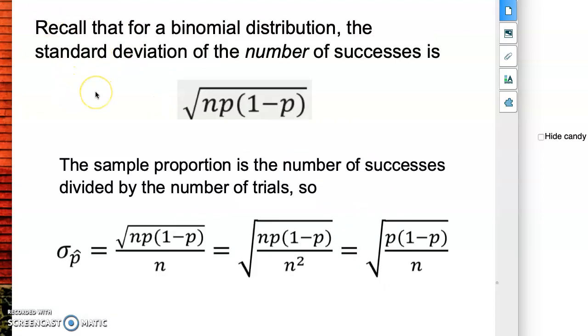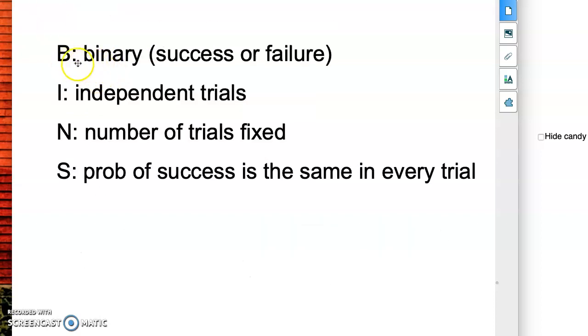Recall the binomial distribution, where we're interested in success or failure. We have independent trials, a fixed number of trials, and the probability of success the same in every trial. So in our smoking example, you're either a smoker or you're not.